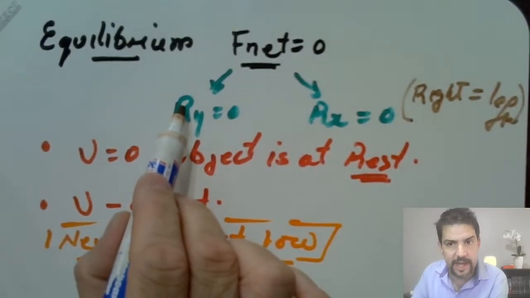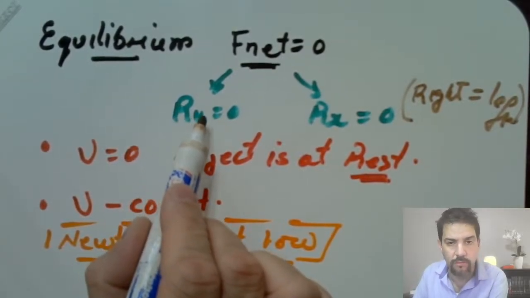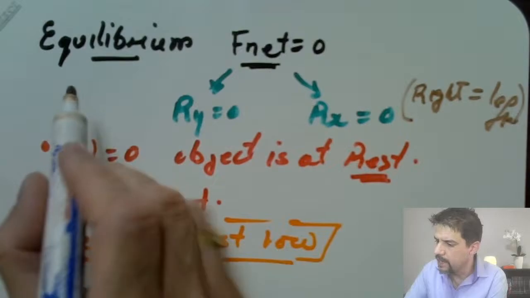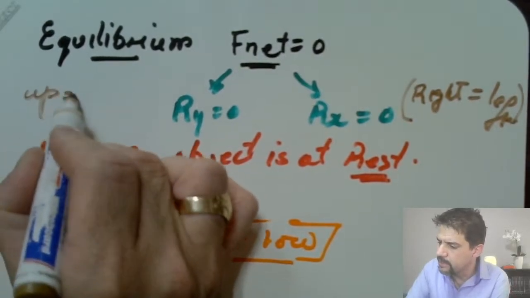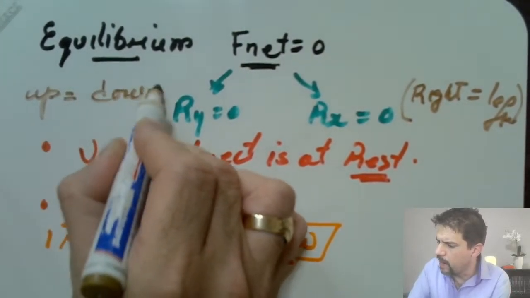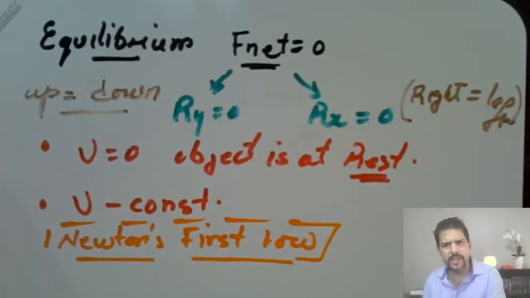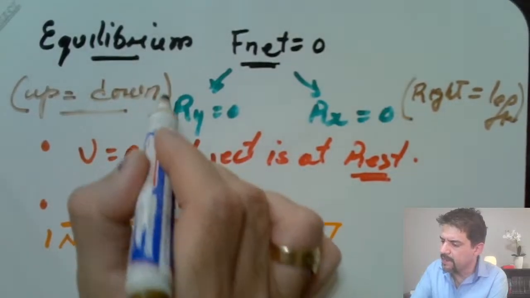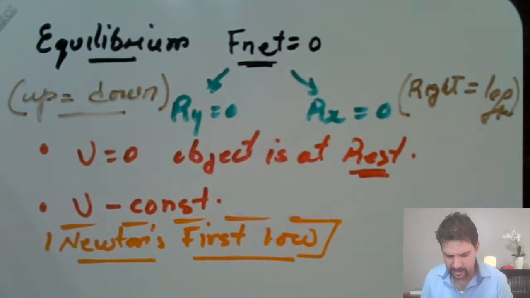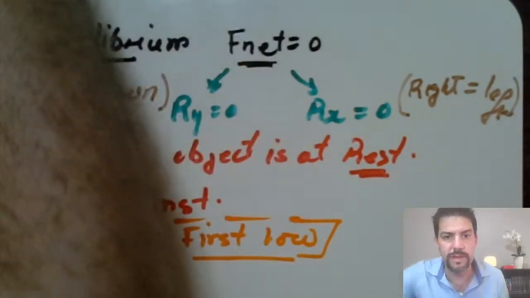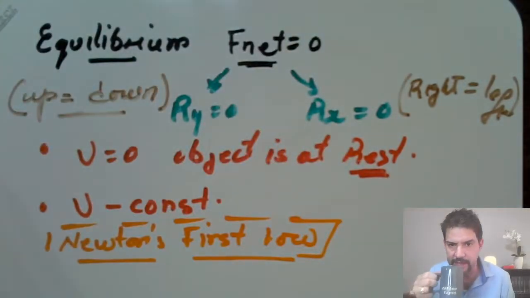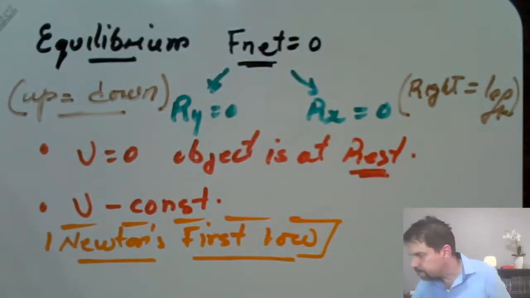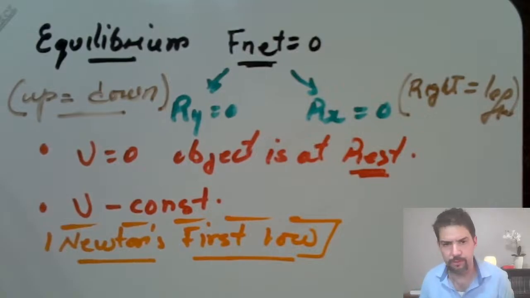The resultant in the y axis is equal to 0, which means that up is equal to down, from the origin. So this one is the equilibrium. I think if you know this little summary, then you will be able to answer the question without any problem.